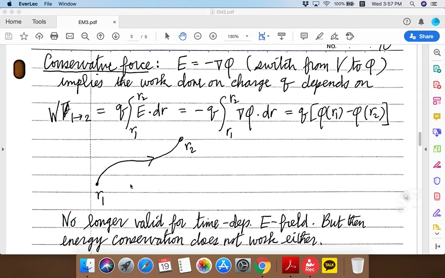So it doesn't matter which trajectory is followed by the particle's motion, as long as the start point and the end point are the same. Then the work involved in moving the particle from position r1 to position r2 is entirely the same.